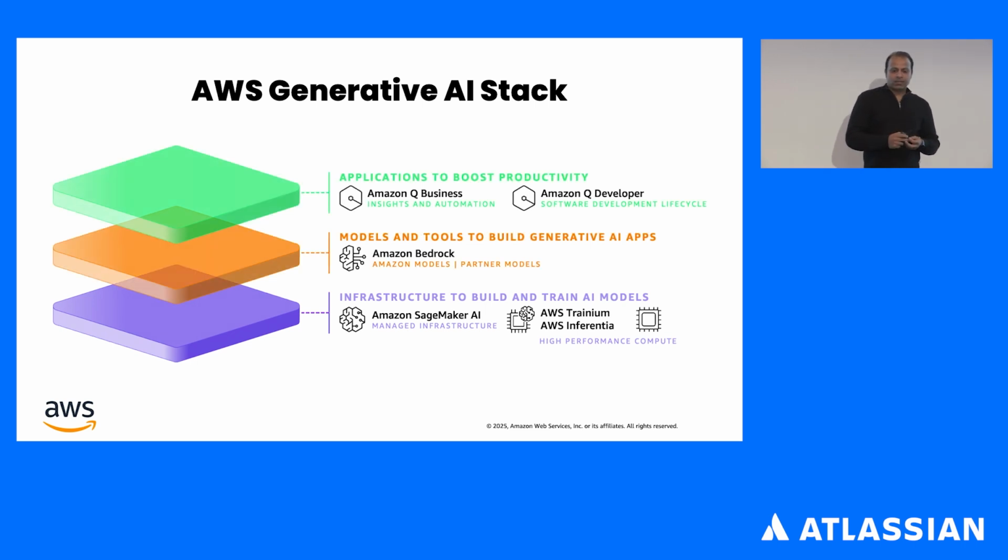The last slide is the top slide or the top layer, which is primarily for the customers of AWS. Now you don't have anything to do with training your models, but you want to use the GenAI applications. So for that, we have Amazon Q Business and we have Amazon Q Developer.